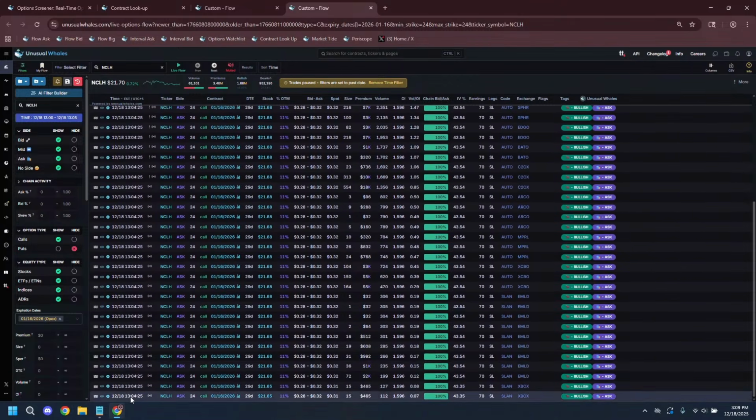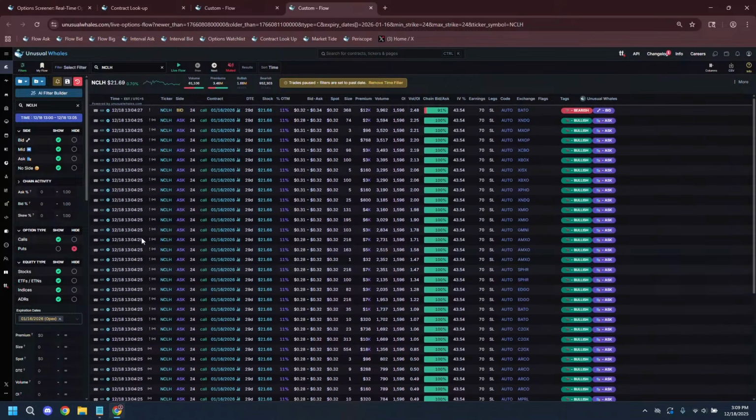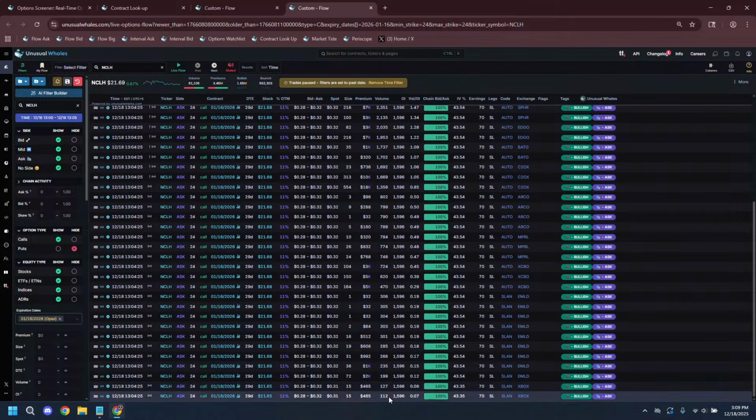So again, the 1:04:25 Eastern timestamp is where this activity begins. This is the first execution of what appears to be this entire trade, right? So this trade of around 3,400-ish volume. The first execution, 15 size, taking place at 31 cents.